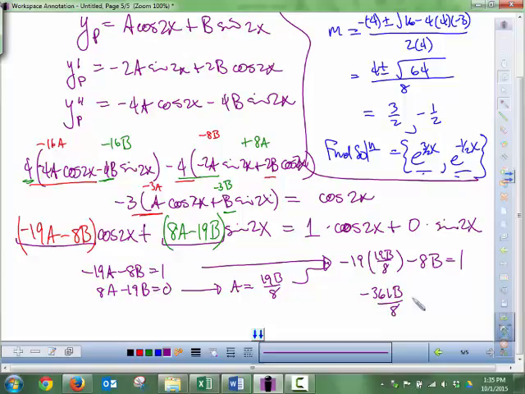So I need common denominators, 64b over 8. That gives 425. So negative 425 over 8, b equals negative 8 over 425.